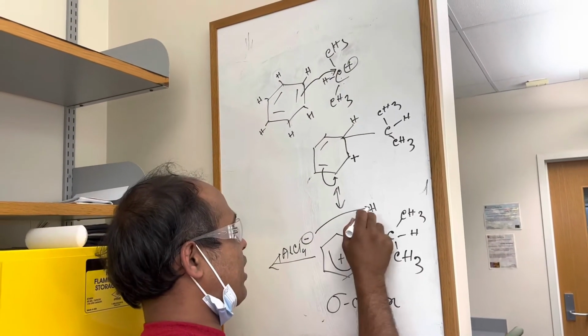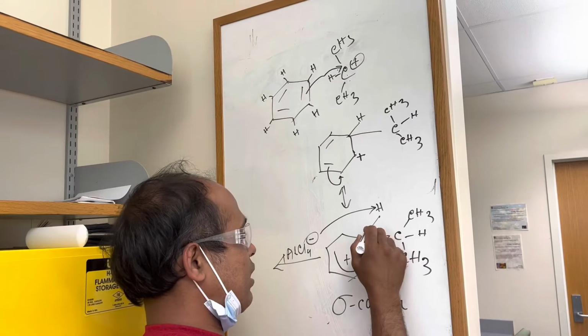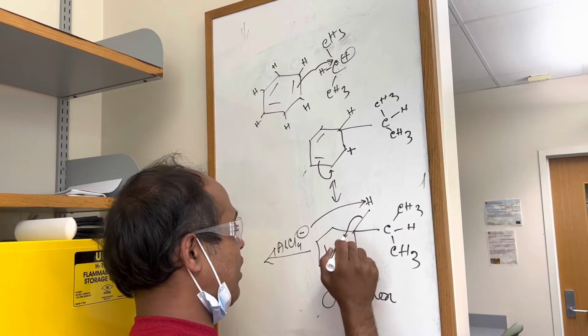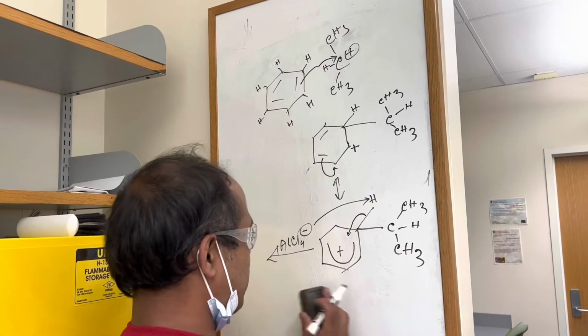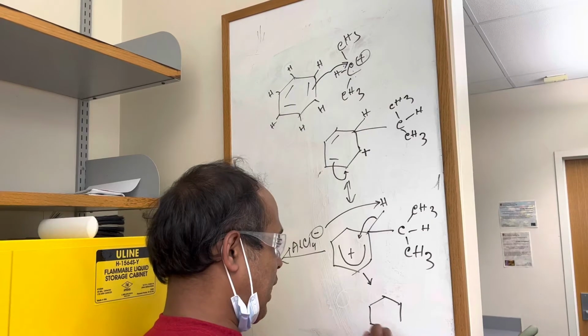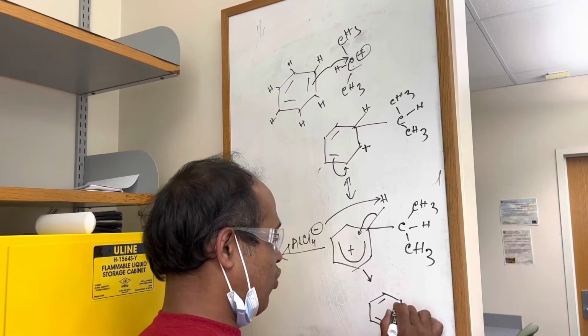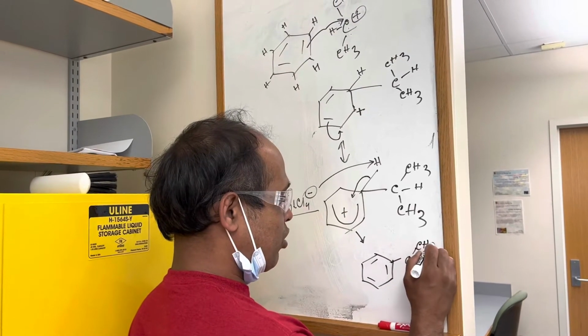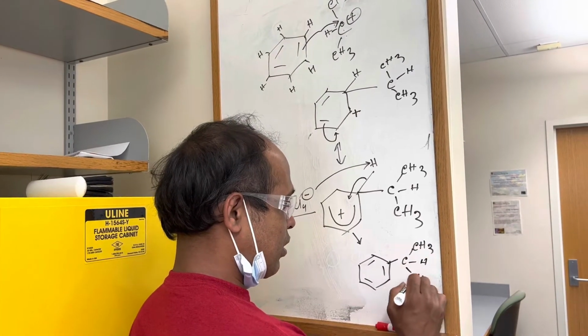That will take this hydrogen, and the hydrogen's bonding electrons will go to the ring, and ultimately your product will convert to the alkylated product. The ring is restored, and your product will be like this.